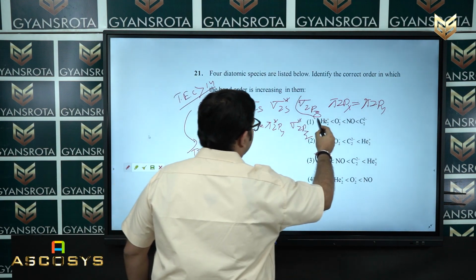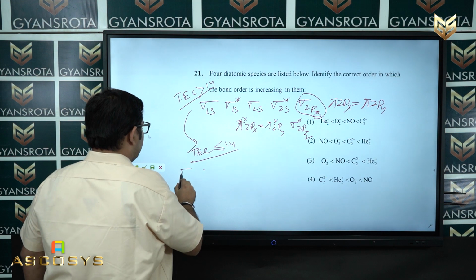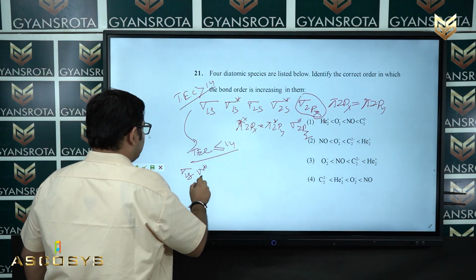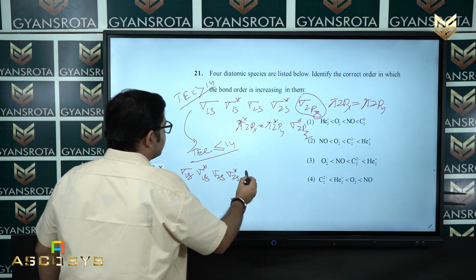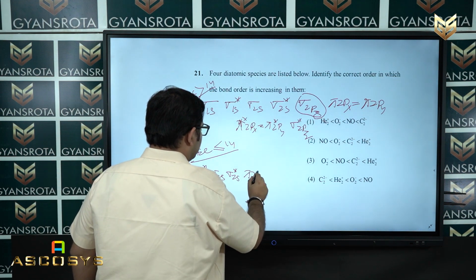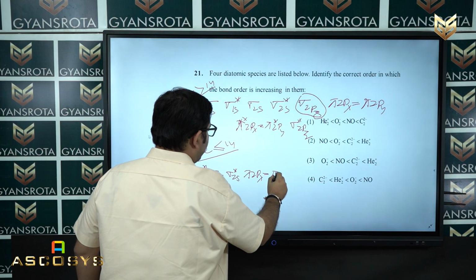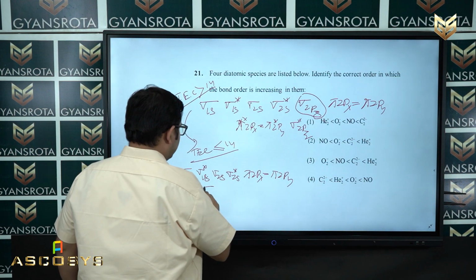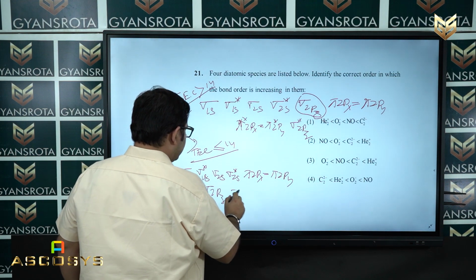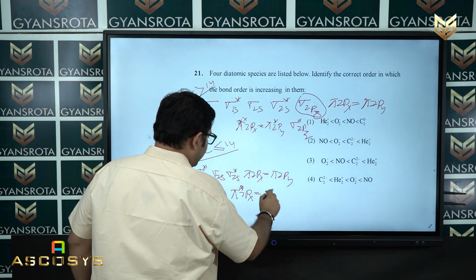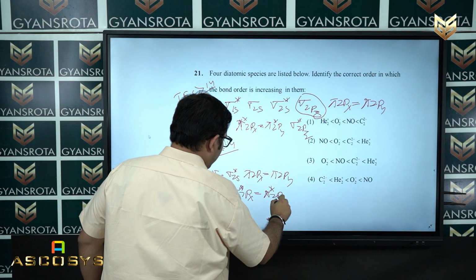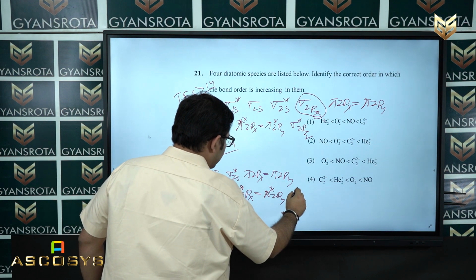That means sigma 1s, sigma star 1s, sigma 2s, sigma star 2s, then pi 2px equal to pi 2py, sigma 2pz, pi star 2px equal to pi star 2py, then sigma star 2pz.